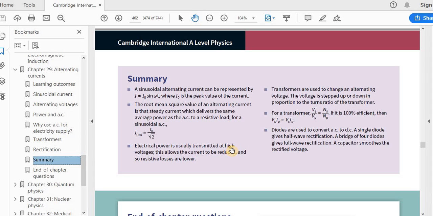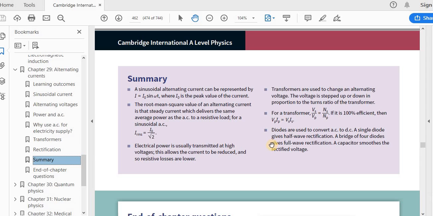Okay, so electric power is usually transmitted at high voltages. This allows the current to be reduced, and so resistive losses are lower. So you know the equation P equals VI. When you increase the voltage and if you decrease the current, you can get the same amount of power. Why do we reduce the current?